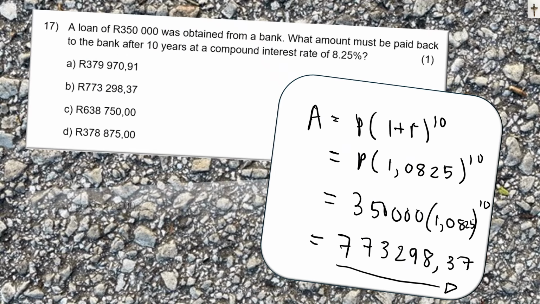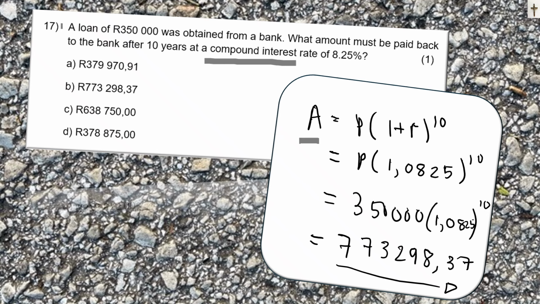Next one. A loan of 350,000 was obtained from a bank. What amount must be paid back to the bank after 10 years? Compound interest. A is the future value.